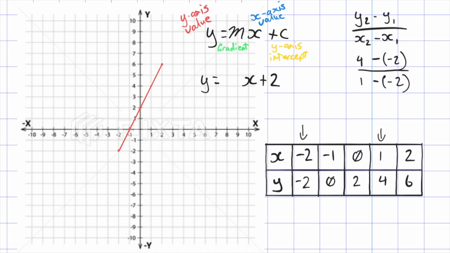Well, 4 take -2, this all becomes very simple now. 4 take -2, that's 6. 1 take -3 is 3. And if we simplify this down, we can divide both of these by 3. So it becomes 2 over 1. And remember, any number over 1 is just that value as a whole number, which means when we come back over to here for our formula, we now see that our formula is y equals 2x plus 2.